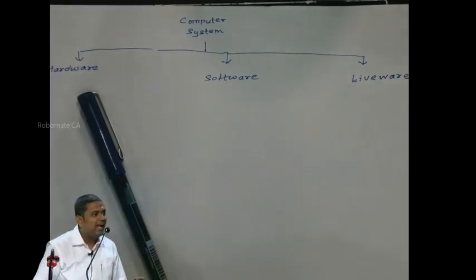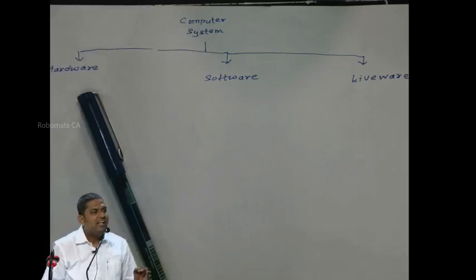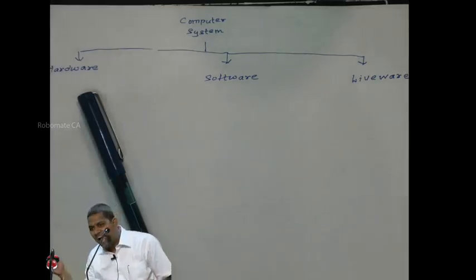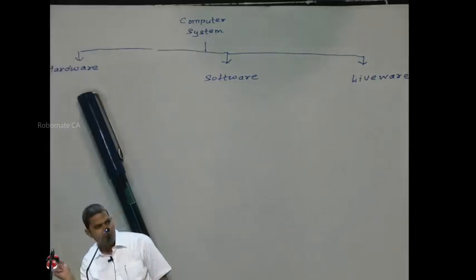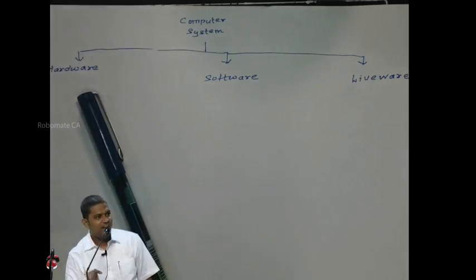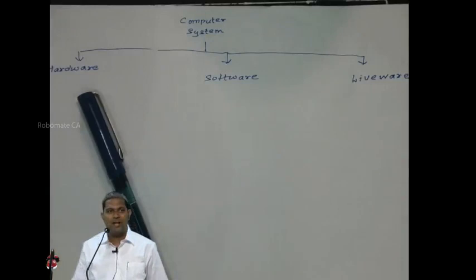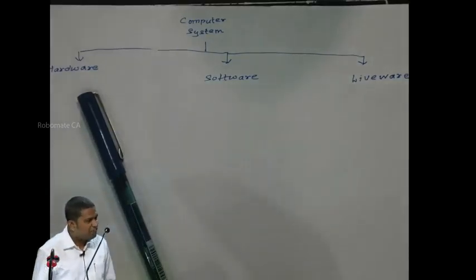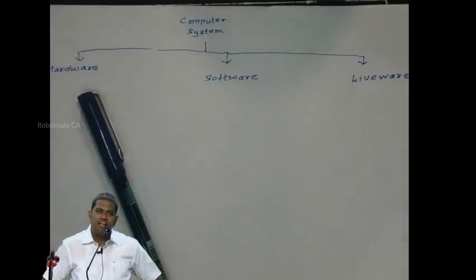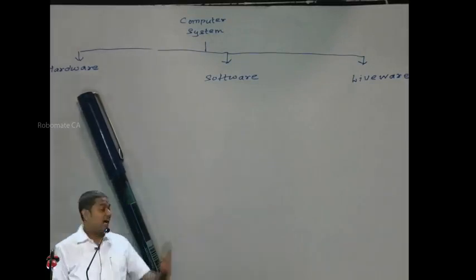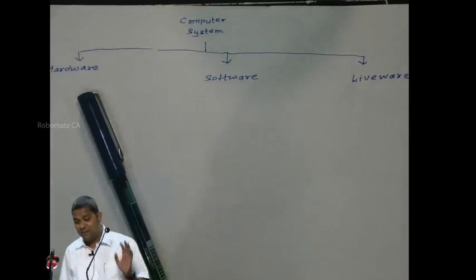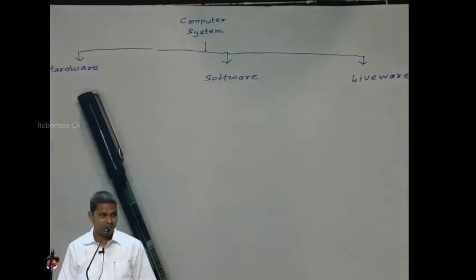No. You bring any television set, until you have that cable connection from behind, it won't work. That means you have the best of the hardware, but if you are not having software, what is the use of that hardware? No use. It doesn't mean that only software is important and hardware is not.